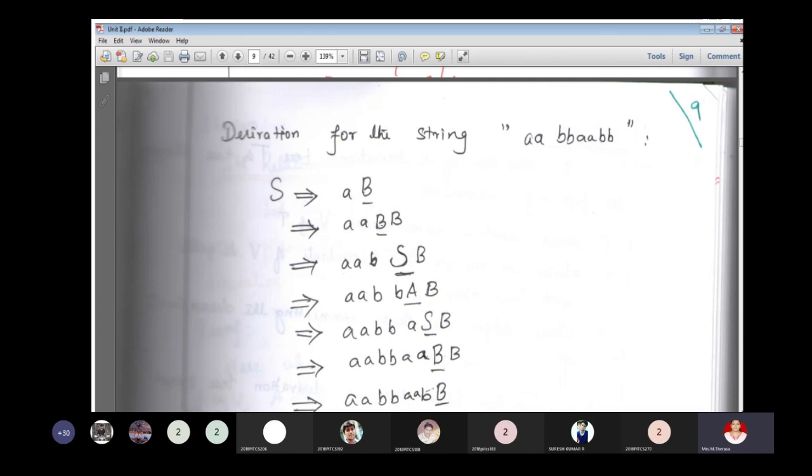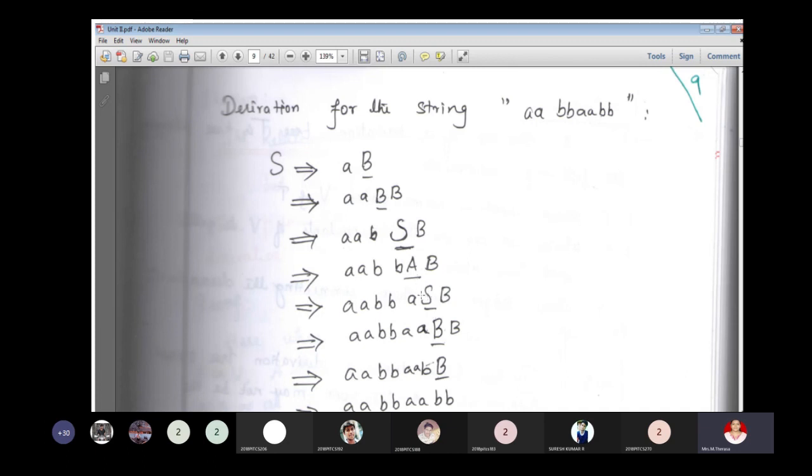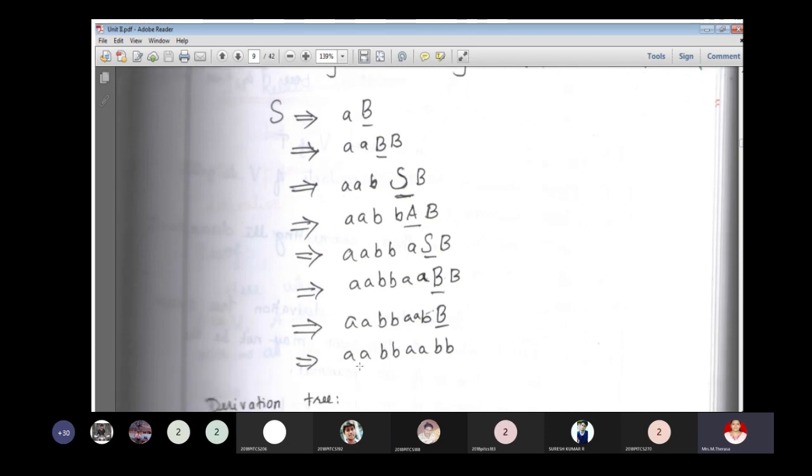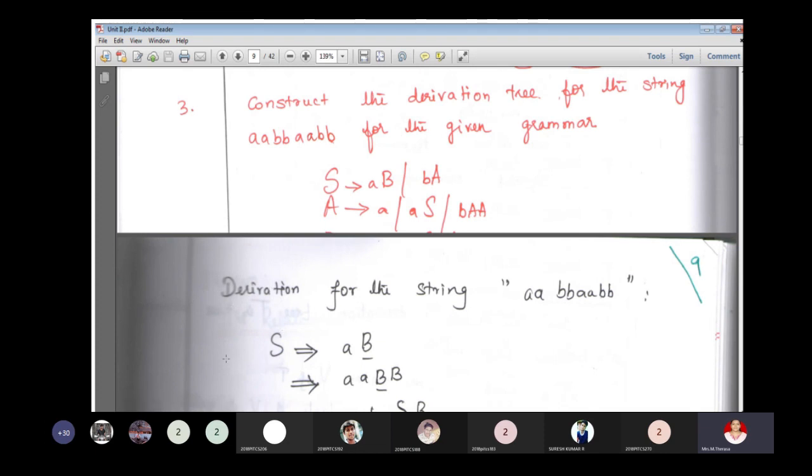Suppose you are replacing this B with bS. Then you can replace this S with bA. Again you can replace this A with aS. Again you can replace this S with aB. Again you can replace this B with small b. Again the last B with a small b. So what have we arrived at? We have arrived at the string aabbaabb. So this is the string we are supposed to derive from this start symbol S.